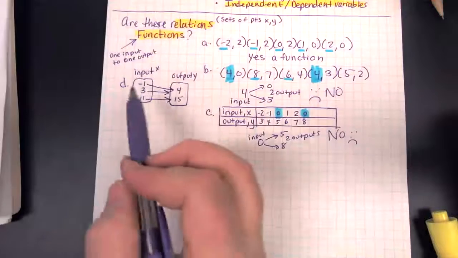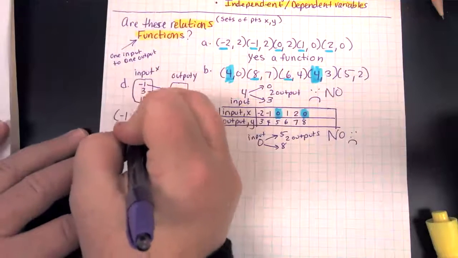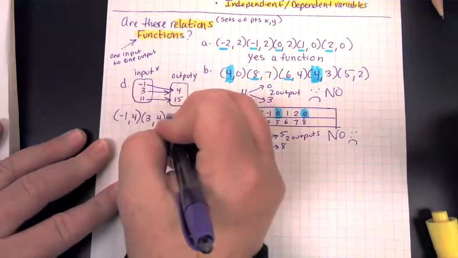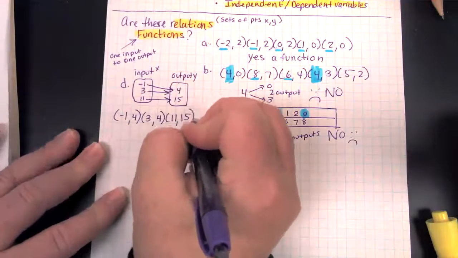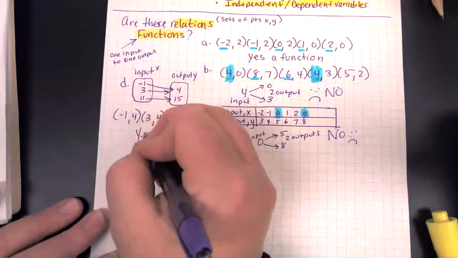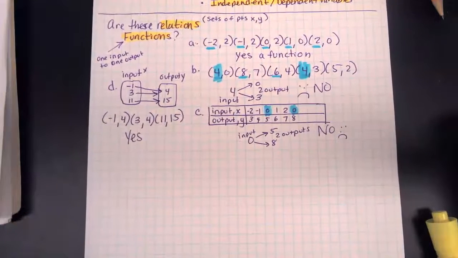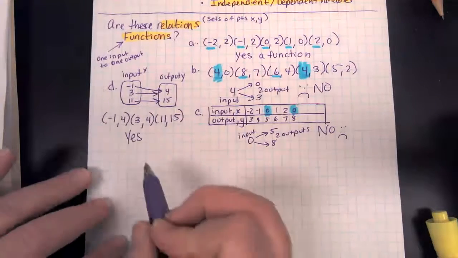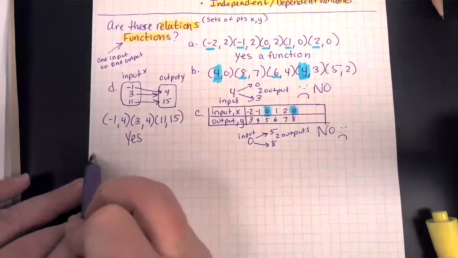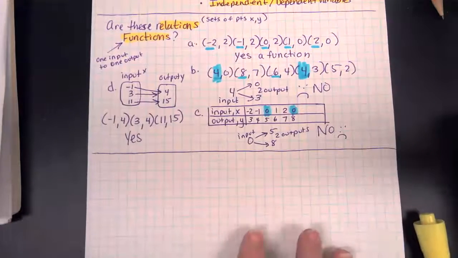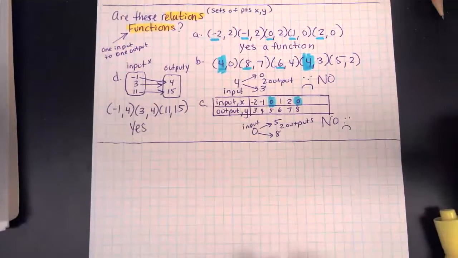But remember, does each input go to only 1 output? Do I repeat in the x value? No, I don't. So yes, this is a function. Now, we just said something super important and pointed out that input is x and output is y. We're going to also name something else with x and y as well, meaning domain and range.